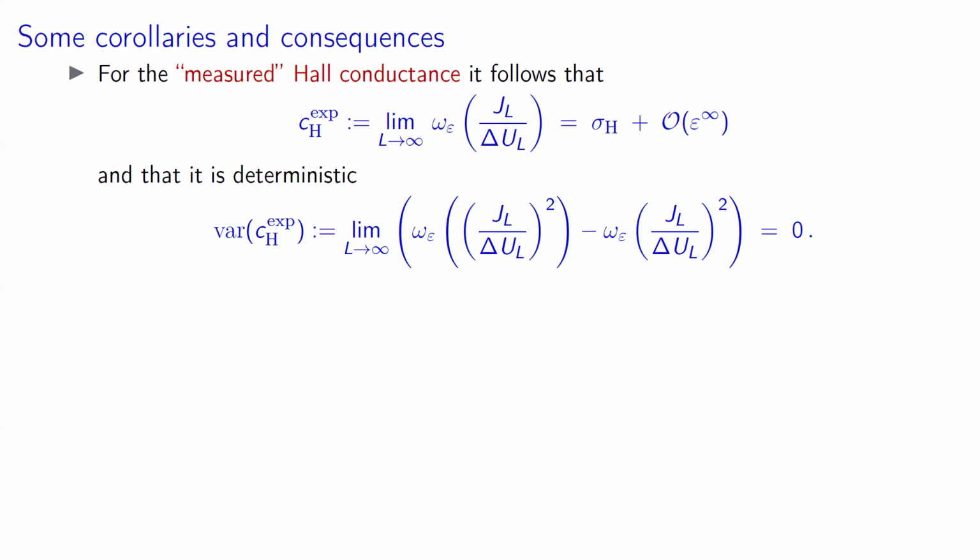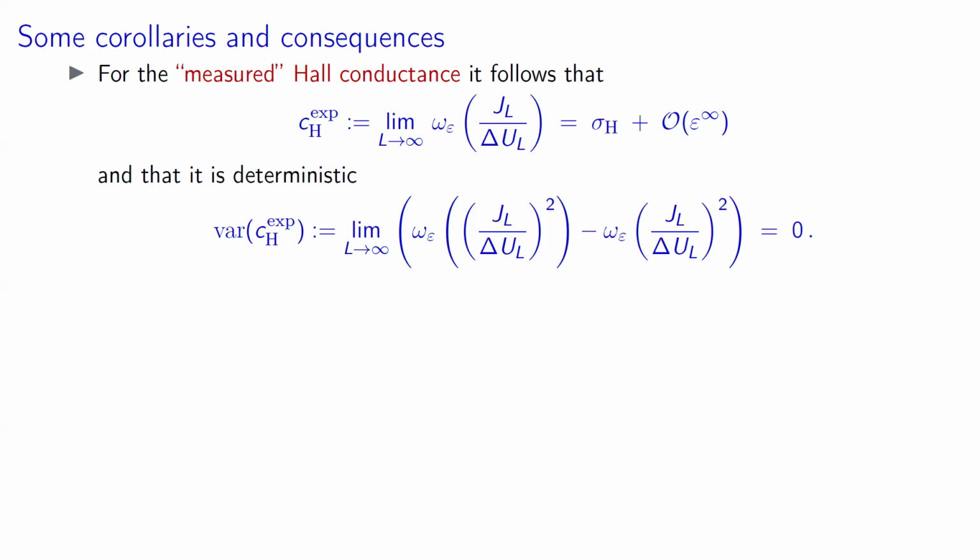Now I was making a statement about the current density. Okay, that's also not what you measure. You measure the current flowing through a macroscopic incompressible strip. So if I define this observable, the experimental Hall conductance, I would look at the current J flowing through a horizontal line of width L divided by the voltage drop over that line.